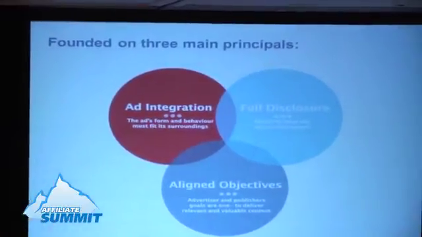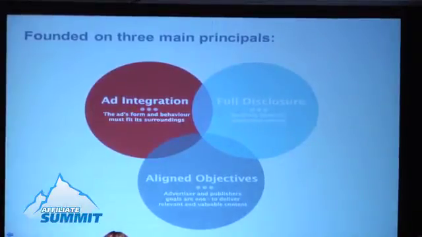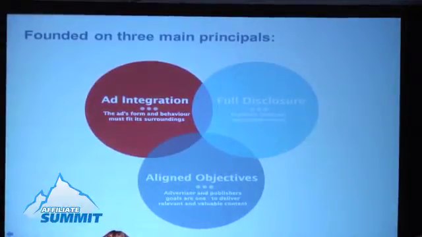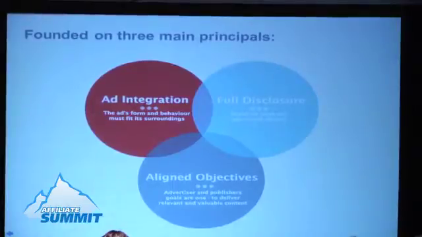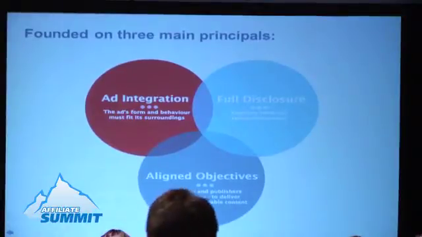Native advertising is founded on 3 main principles. The first is seamless ad integration, where ads are effectively integrated into the very design so that its form and function fits the context of the publisher. The second is aligned advertiser and publisher objectives, where the goal of the participating parties is to deliver high value, relevant, and often educational content to readers and consumers.